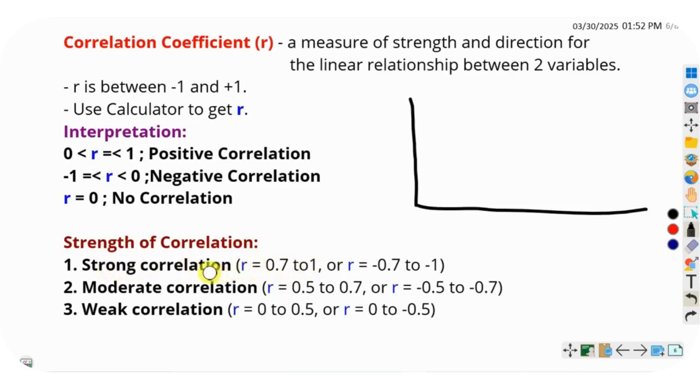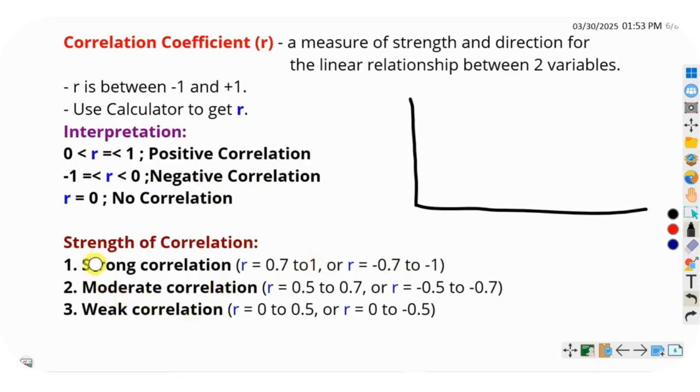Because it is a positive value, we call it a strong positive correlation. And if the R value is still 0.7 but negative, then we call that a strong negative correlation.